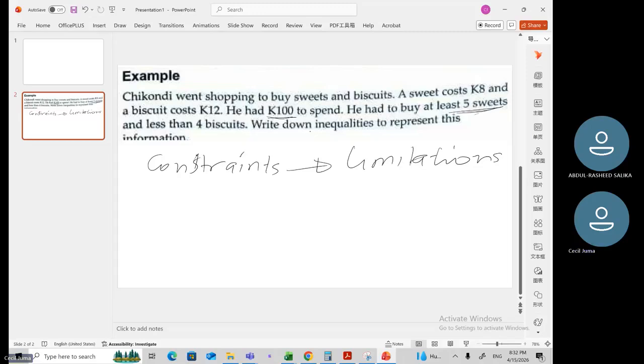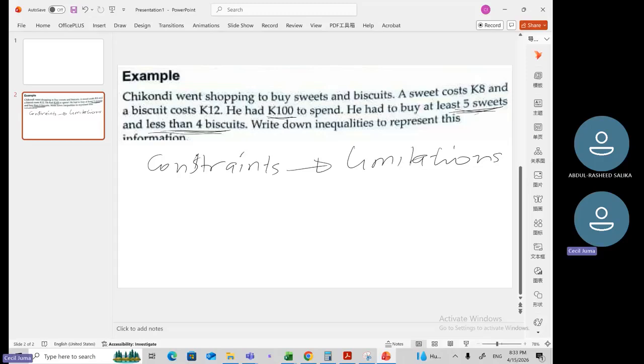Another thing, you should buy less than 4 biscuits. Now, you have a constraint, that's a limitation. You have another limitation. Then now, you have to represent such information into inequalities.